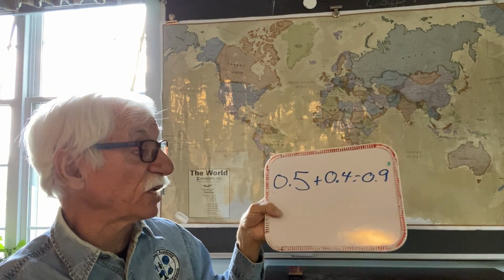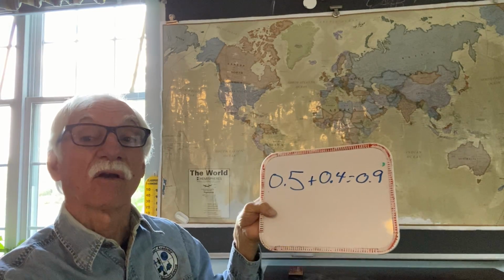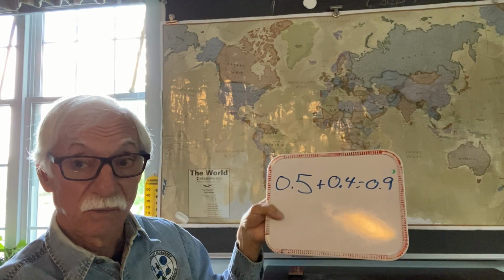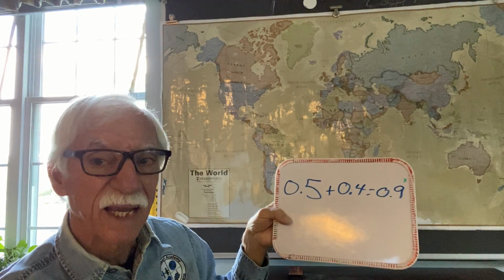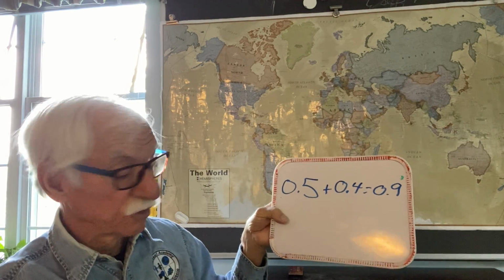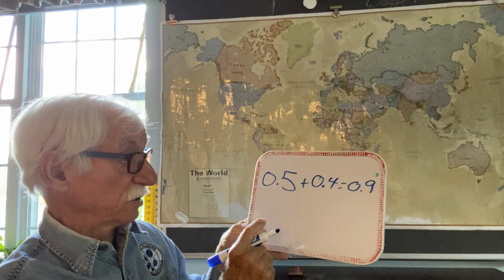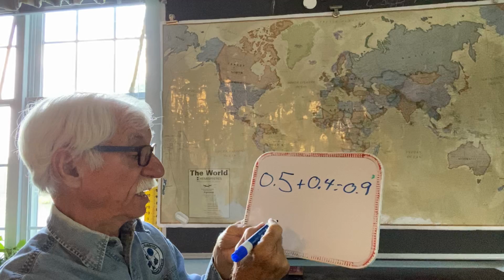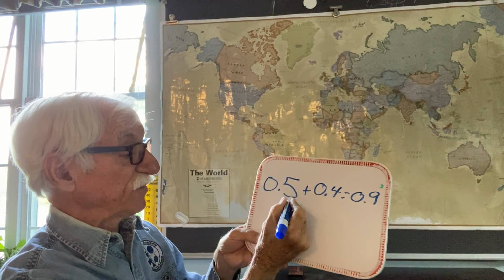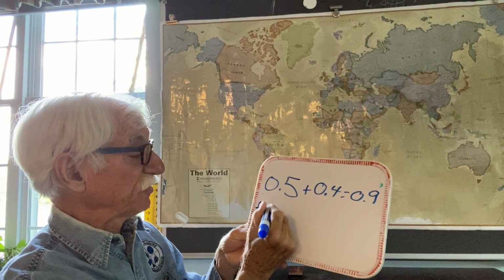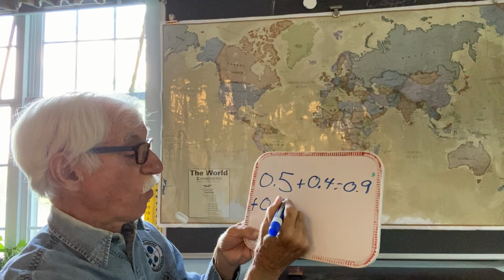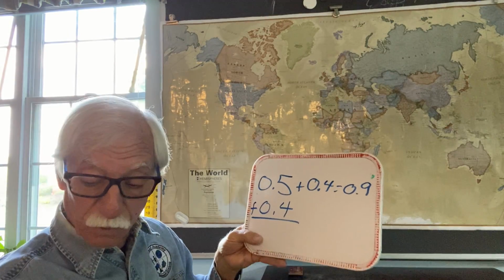So whenever you see a horizontal equation with fractions in it, you need to make it vertical and solve it. So this number sentence equation is a lot easier done if you take 5 tenths and you add to it 4 tenths and you draw an equals line.